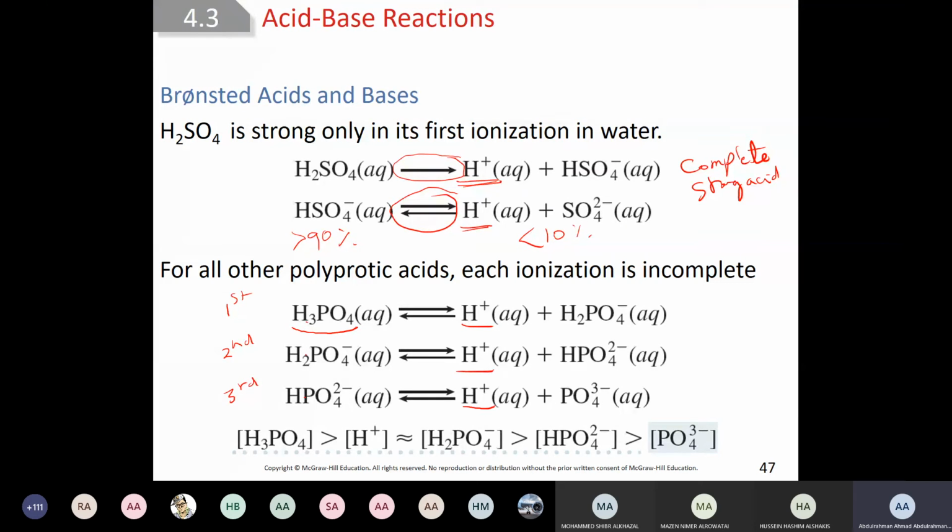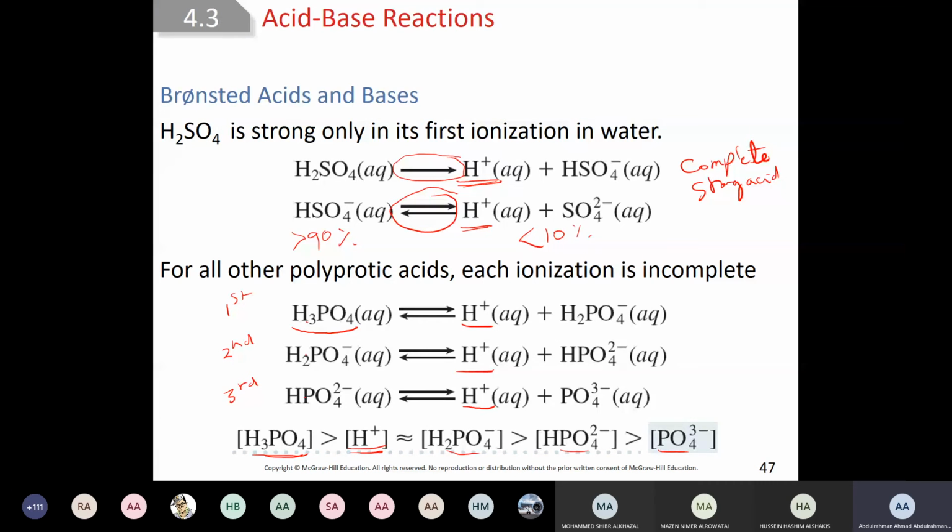And that's why the H plus in H3PO4 is stronger than the H plus in these ions altogether. So always the first hydrogen is stronger than the second and then the third.